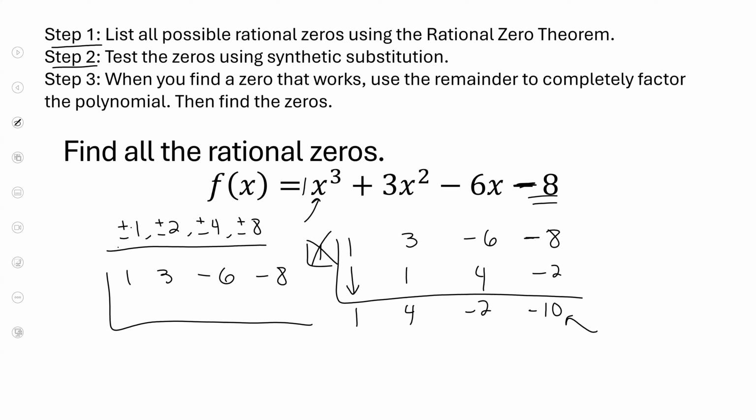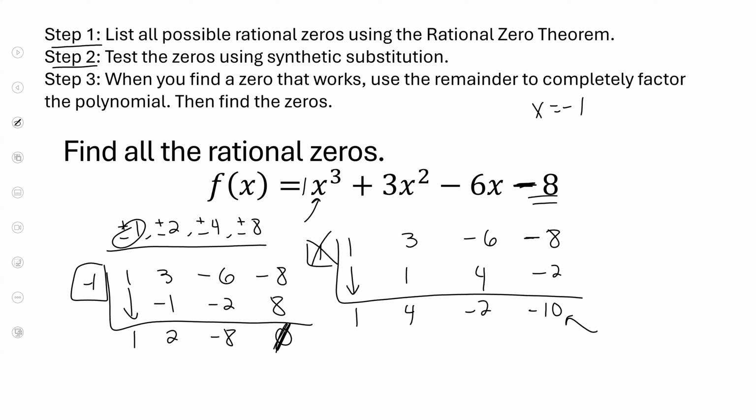And I'll try -1 this time. Multiply, add, multiply, add, multiply, add. Yay, I got 0. That means this is a solution. So I know -1 is one of my answers because my remainder was 0.